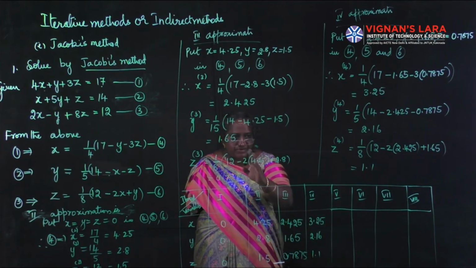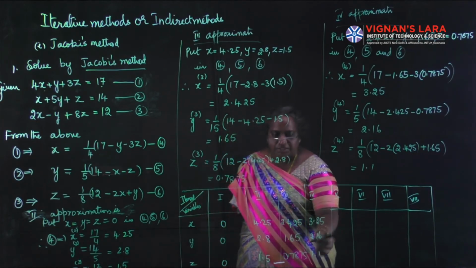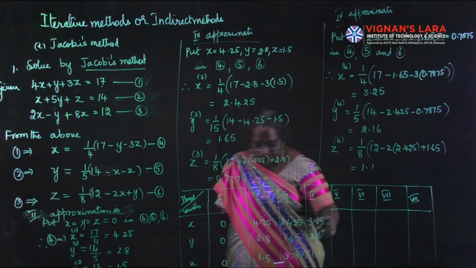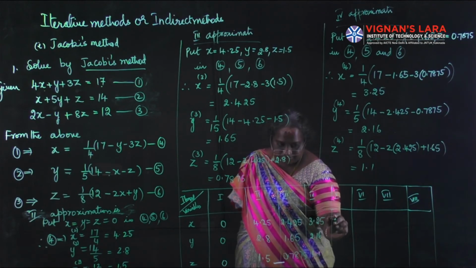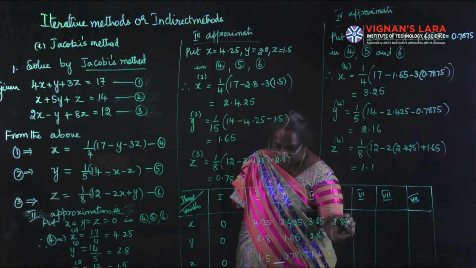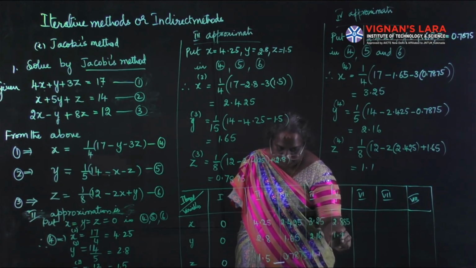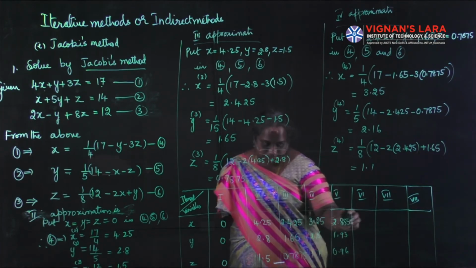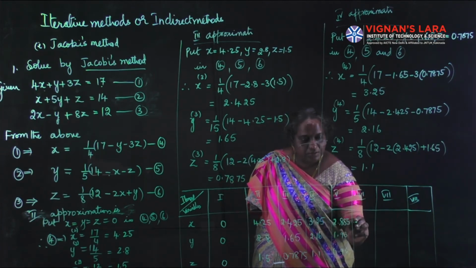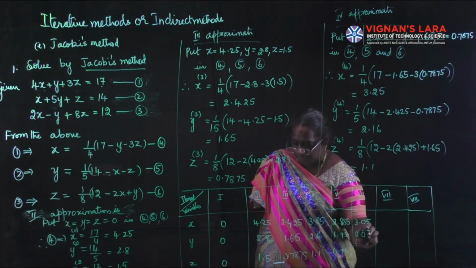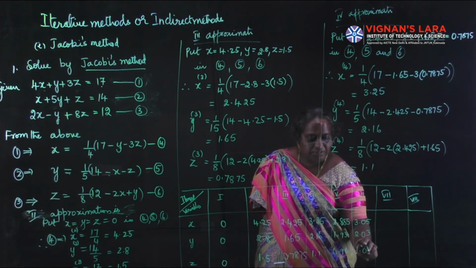So we will continue. Next, for the fifth approximation, we will carry these values. I am giving you the values, you refer: 2.885, 1.93, 0.96. For the sixth approximation, 3.05, 2.03, 1.02.